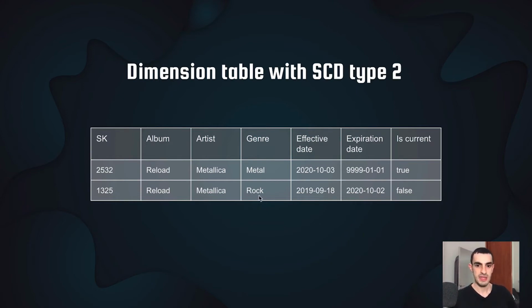So let's say the row with the rock genre was originally added in September 2019, and we changed it in October 2020. So this is the expiration date, this is the last date it was true, and then the new row starts the day after that. This is the new truth, and the flag of isCurrent is here.